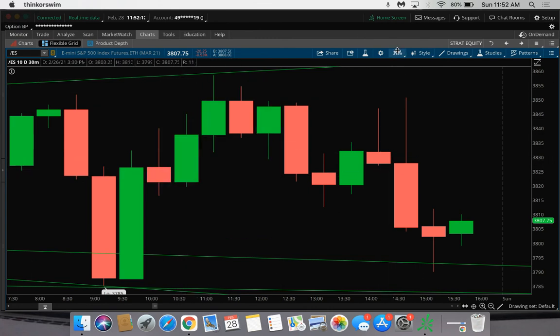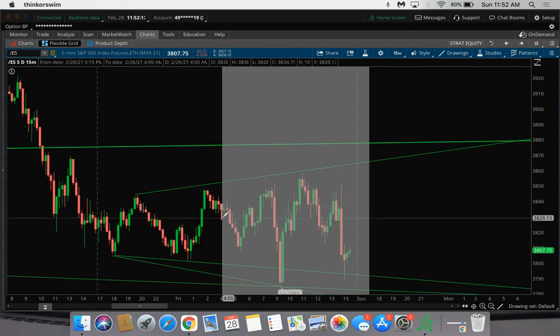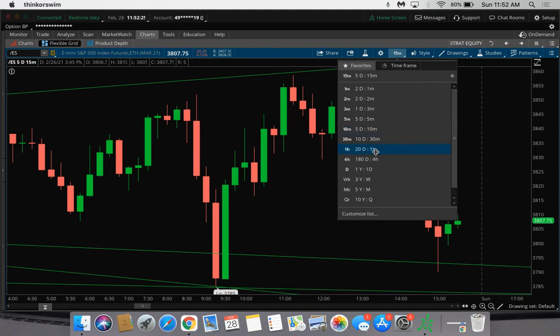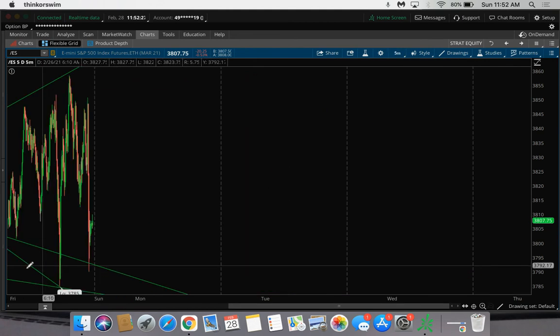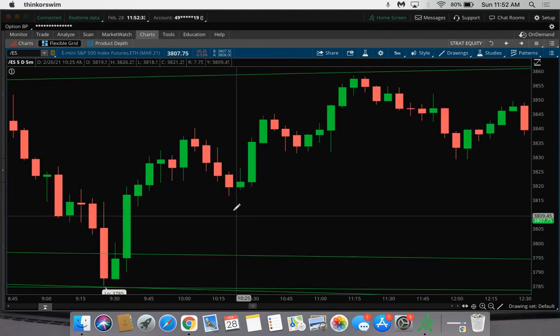Let's look at that action on the 15s. So as soon as this went two up on the 15 right there, you could have added. And if we go to the fives, 2-2 reversal on the five, could have added there.